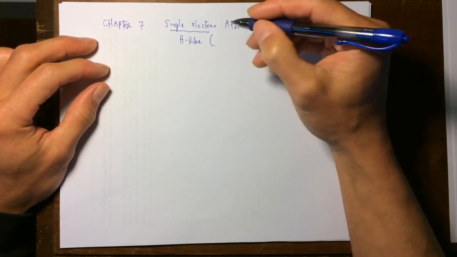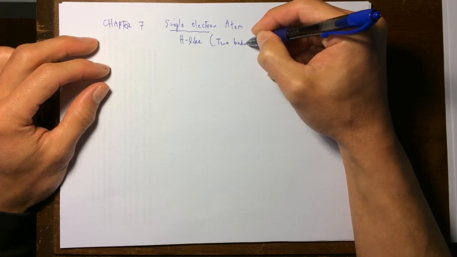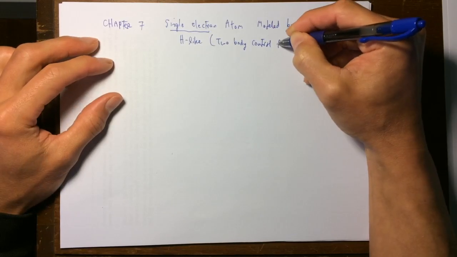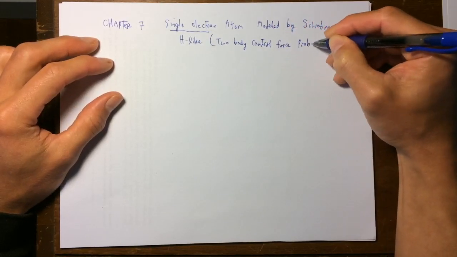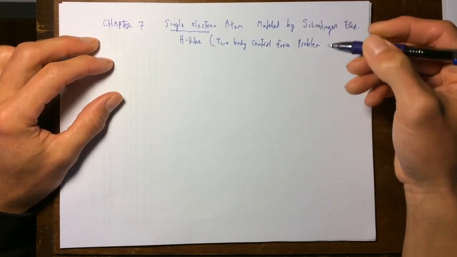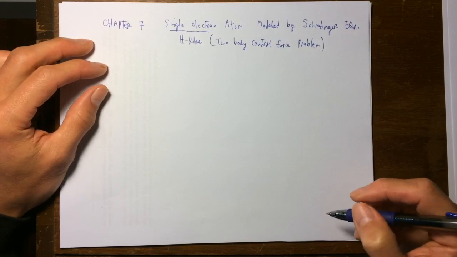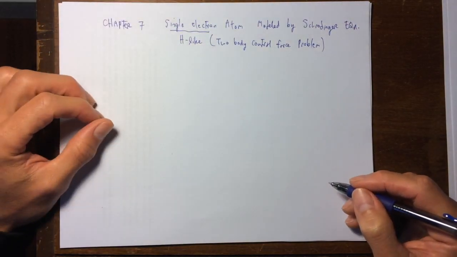So secretly we are studying what's referred to as the two-body central force problem, and we are quantizing it by modeling with Schrodinger's equation. I guess that's a lot of funny talk, but yeah, we only get to do single electron atoms.